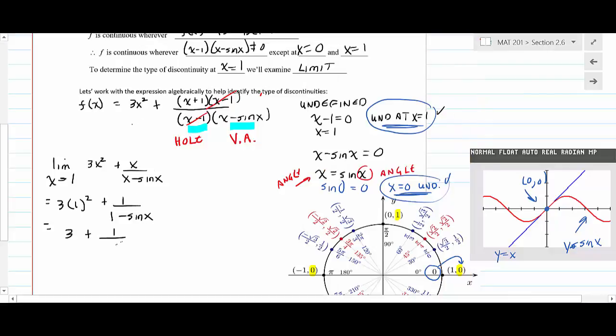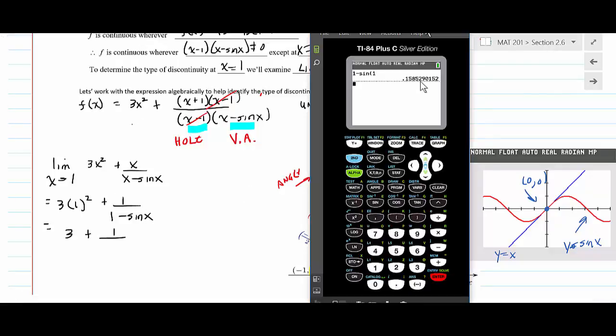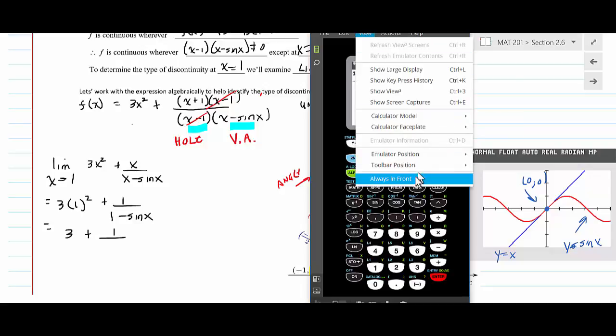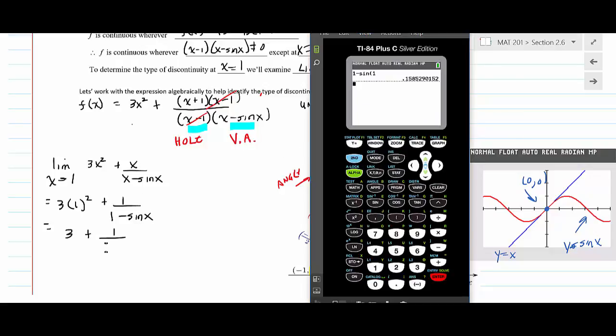So I'm just going to round that off and write that as 0.1585290152. And then I can do the rest of this on the calculator. Actually, I could do this in one step, and that's really the way I ought to do that.